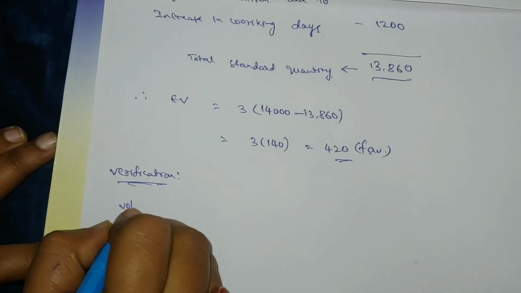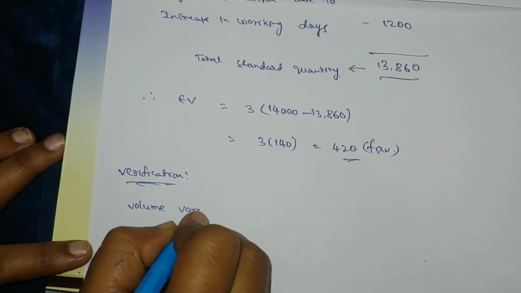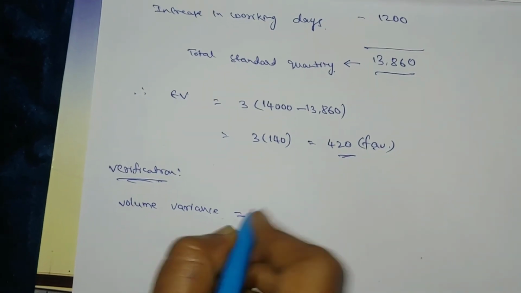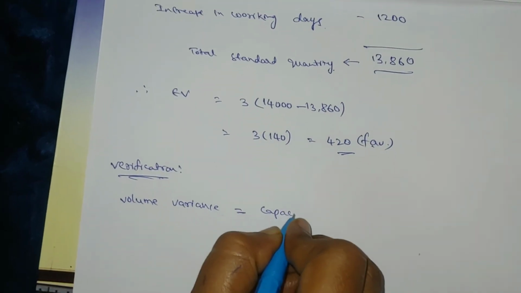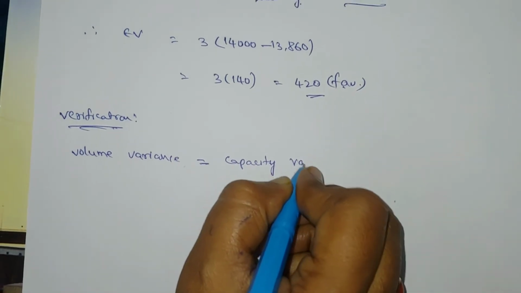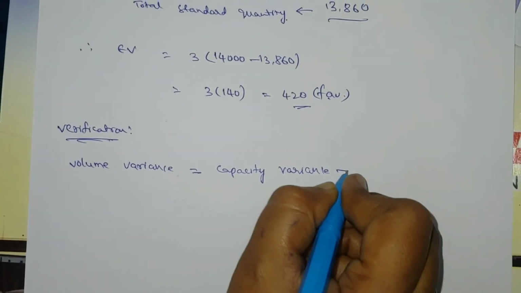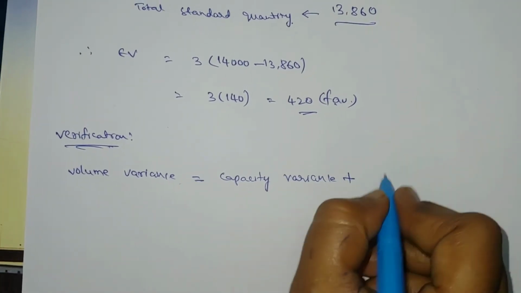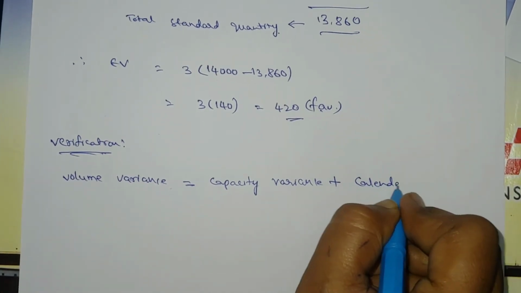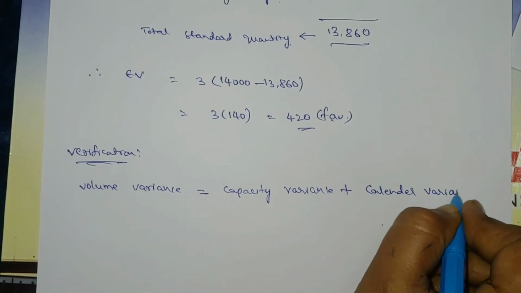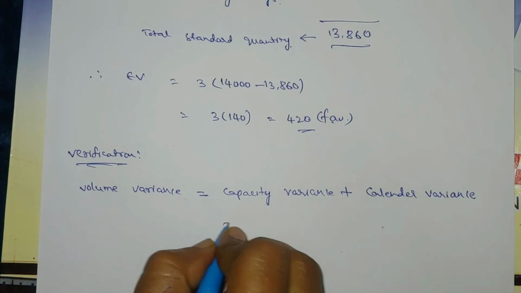Next, verification. Total volume variance is equal to capacity variance plus calendar variance plus efficiency variance.